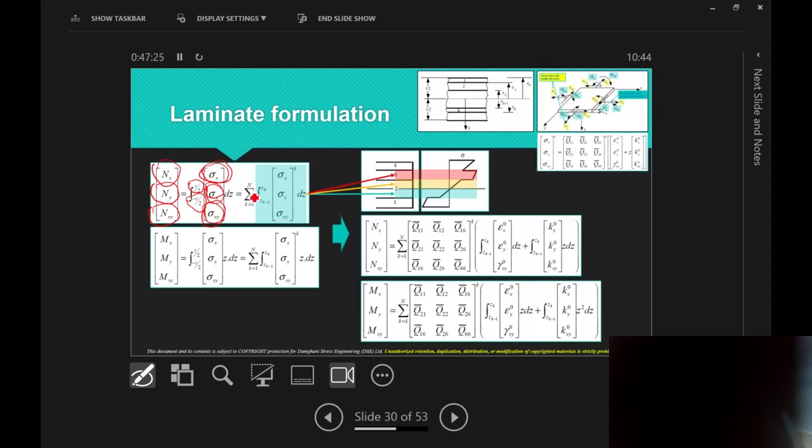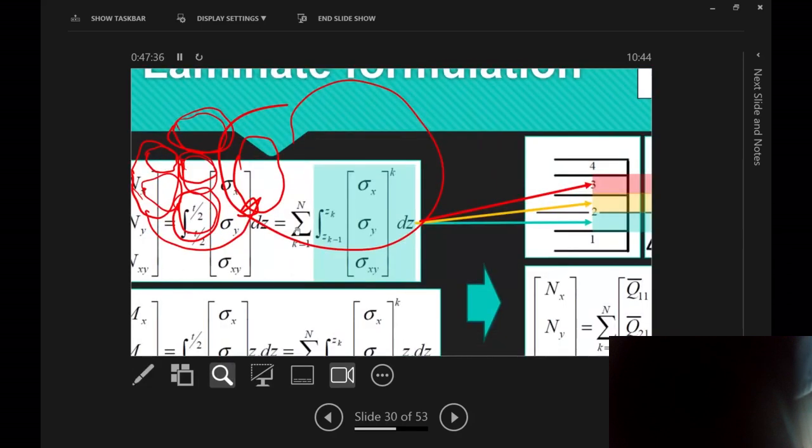And then because it's plies, it's not continuous, so that integral sign changes into a summation format, and that will give you essentially, let me just zoom in a bit. So for each ply, that k superscript represents each ply. So you need to do that for every single ply.